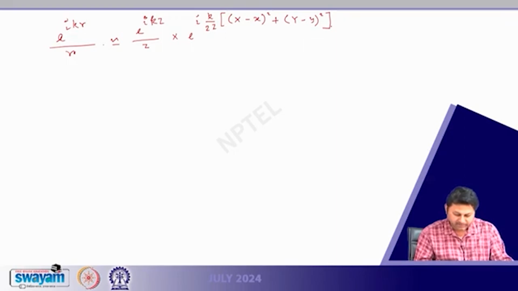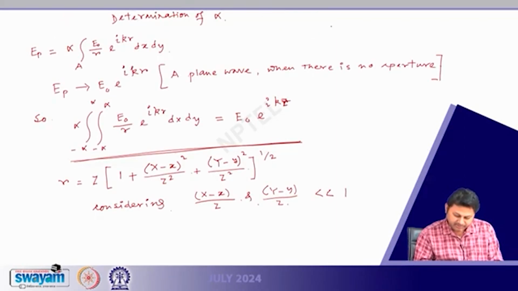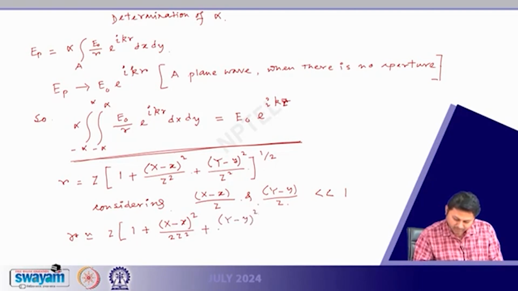So what we did here, if I go back, r under this condition is nearly equal to z times 1 plus (x minus x')^2 divided by 2 z square plus (y minus y')^2 divided by 2 z square.